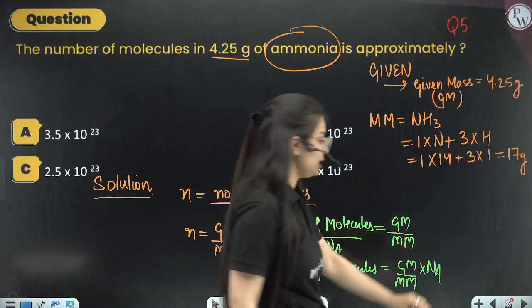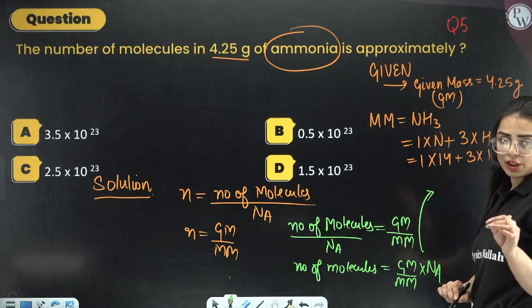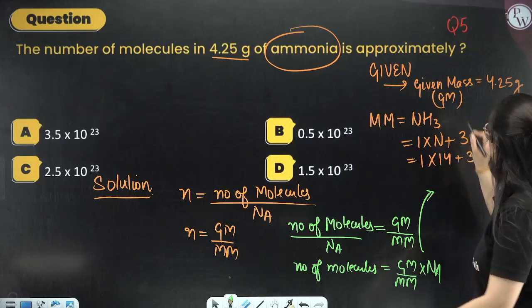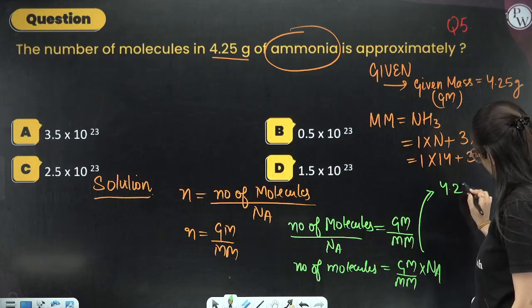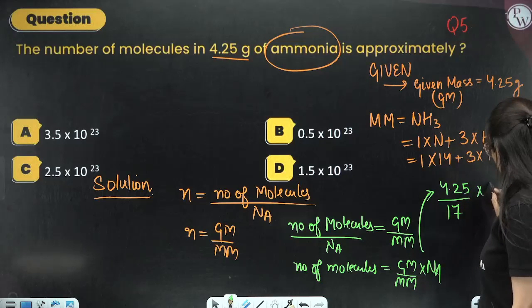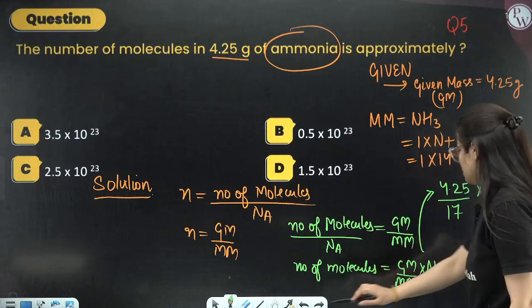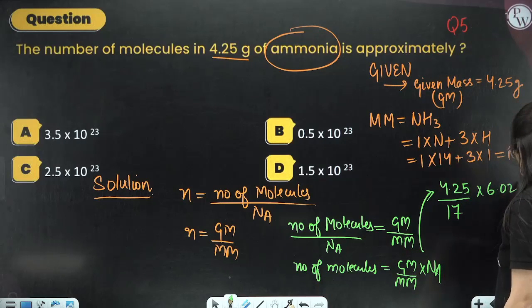Na will go over there. Now just look at this statement. Number of molecules shall be equal to given mass, 4.25 grams, divided by molecular mass 17, into Na. Na is 6.022 into 10 raised to the power 23.